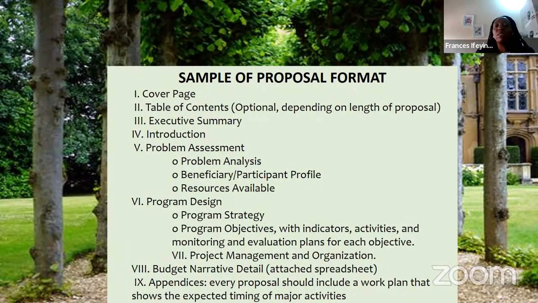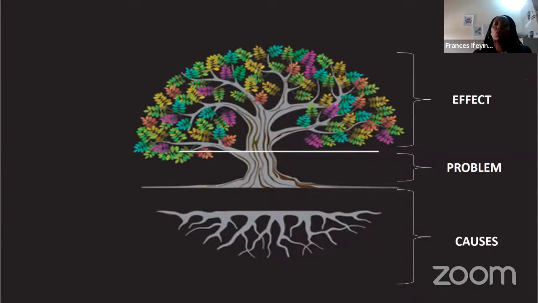Then you have your program design, program strategy, program objectives with indicators, activities, and monitoring and evaluation plans for each objective. You have your project management and organization, and the budget narrative in detail. And then you have your appendices, where you have all the other documents attached, like your work plan and every other additional information.